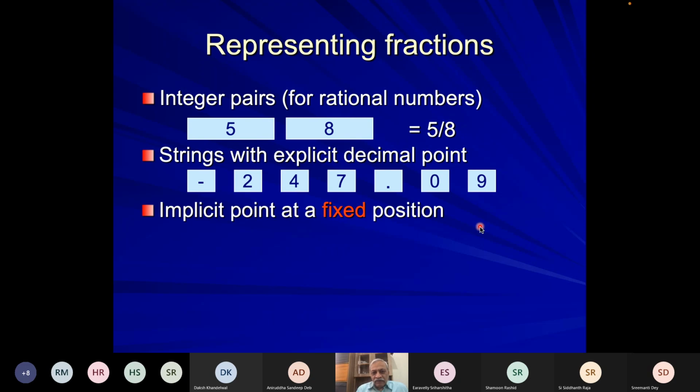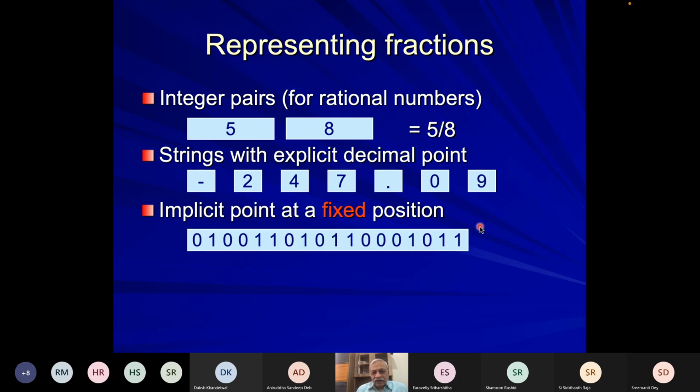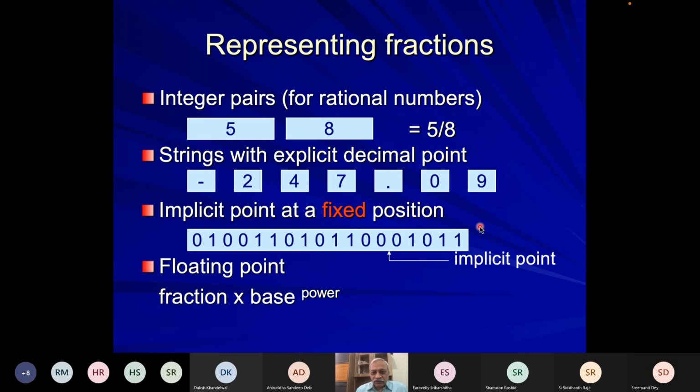You can do that in binary, where you assume a fixed position of the binary point. Suppose you want to represent the fractional part by 5 bits and the remaining bits are used for the integer part.